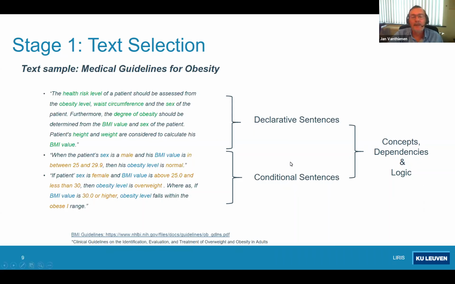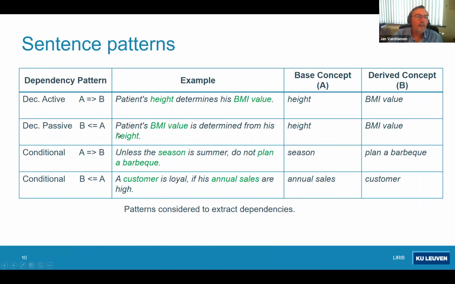So these are declarative sentences and conditional sentences of the form, for instance, something determines something else, or something is determined by something else, an active or a passive form of a declarative dependency. And a rule, if or if not, unless the season is summer, do not plan a barbecue. So do a result, an action, an outcome, if or if not something else is true. That's a conditional dependency, a conditional sentence.